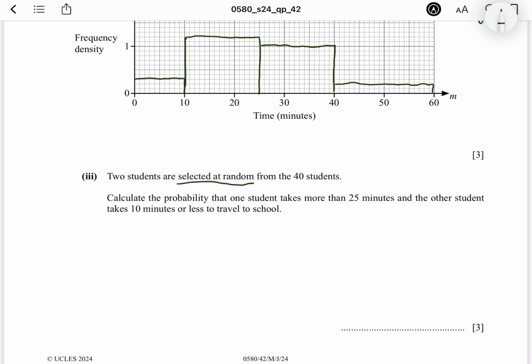So calculate the probability that one student takes more than 25 minutes, the other student takes 10 minutes or less. So actually you have two probabilities. One probability is more than 25 minutes. The other probability is less than or equal to 10.